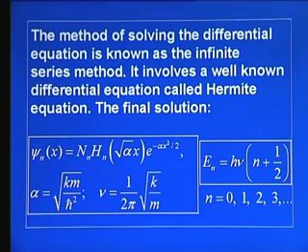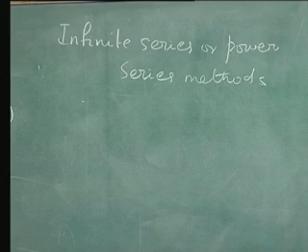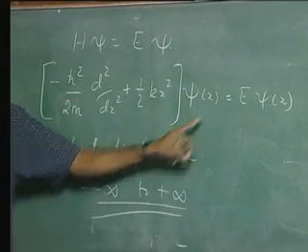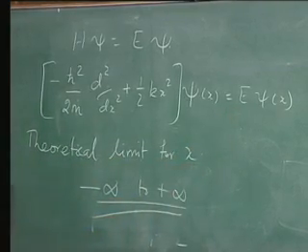The solution is rather complex, so let me write down parts of it one by one. Like the particle in a box, this equation also gives many solutions, that is many psi's and many E's. How many? In principle, infinity.